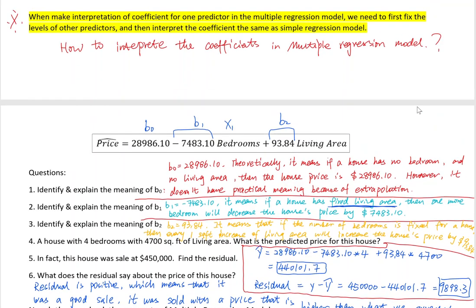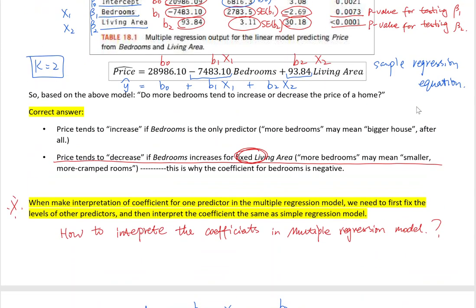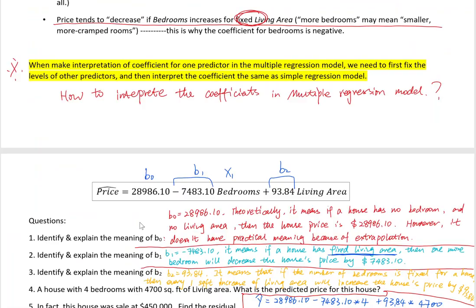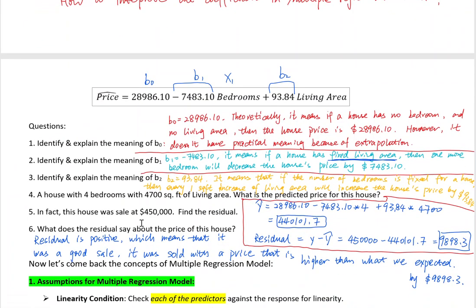Think about it. Does that mean that more bedrooms means smaller and more cramped rooms? Right? Because our living area is already fixed. So this is our fixed living area. It will not be getting larger.